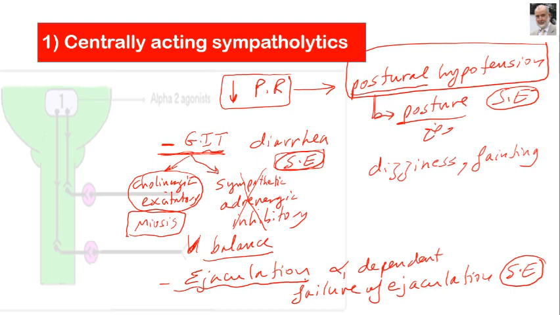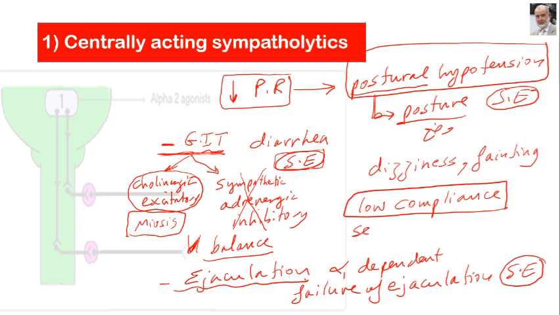That's why these drugs are known to have low compliance. What does low compliance mean? That means the patient does not adhere to the therapy because of the many side effects. Usually these drugs have low compliance. That's why they are used as second or third choice.